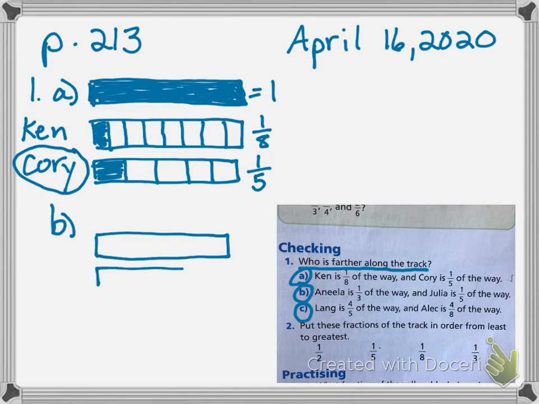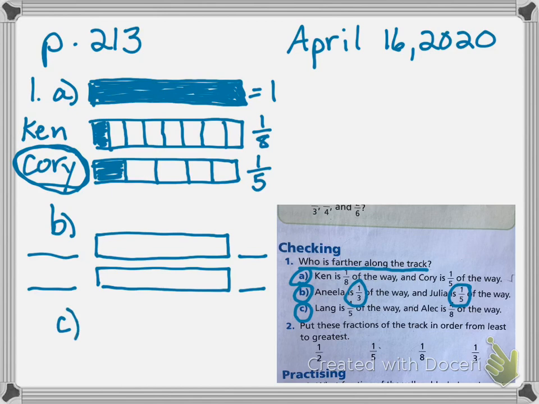But draw out the track for each person, put their name on the left-hand side, and write the fraction on the right-hand side. Then you're going to color in the part that they say. Anila is 1/3, Julia is 1/5. And then when you figure out which one is bigger, you're going to circle their name like we did. So I want you to do that for B and C. And then when you're done that, turn the video back on, and we're going to do number 2 together.